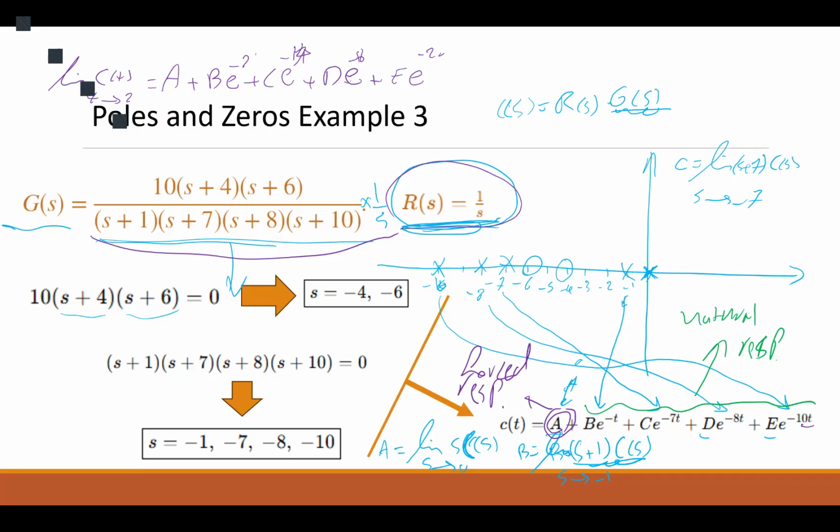You remember when you have an RC system or RL system, the response is going to be 1 minus that exponential. That 1 comes from the forced response. Are we good? So, any question?